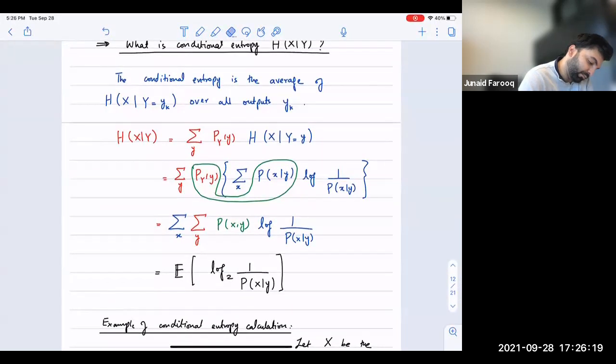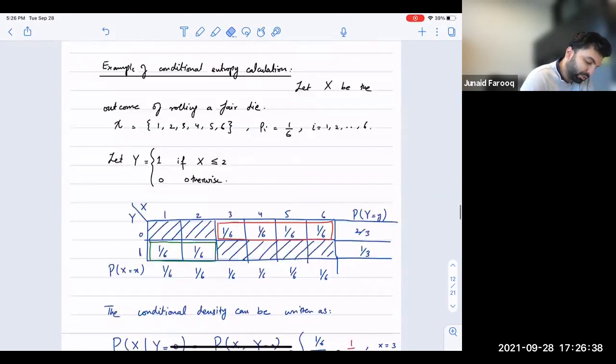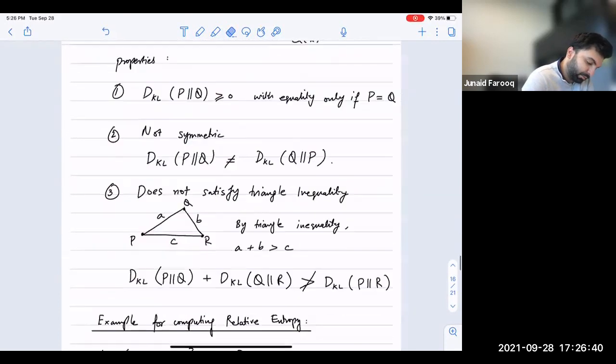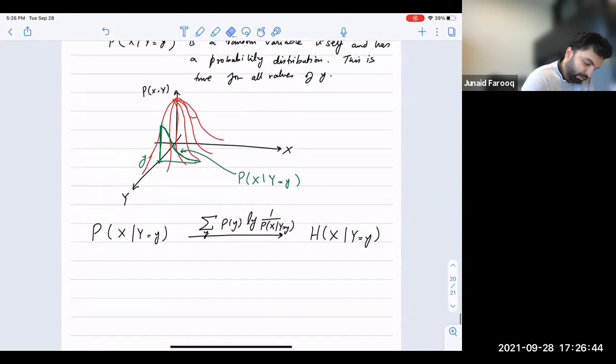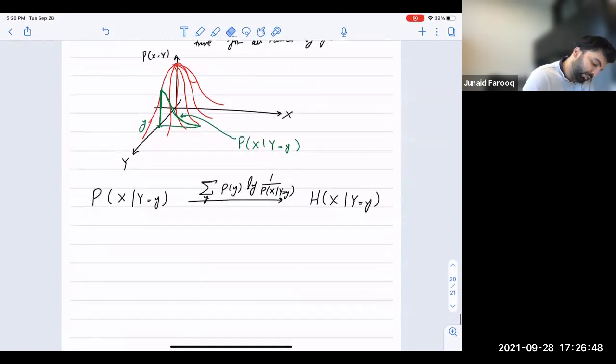Then a double sum over the joint, and so essentially it's just p of y and then log of 1 over probability x given y equals y.